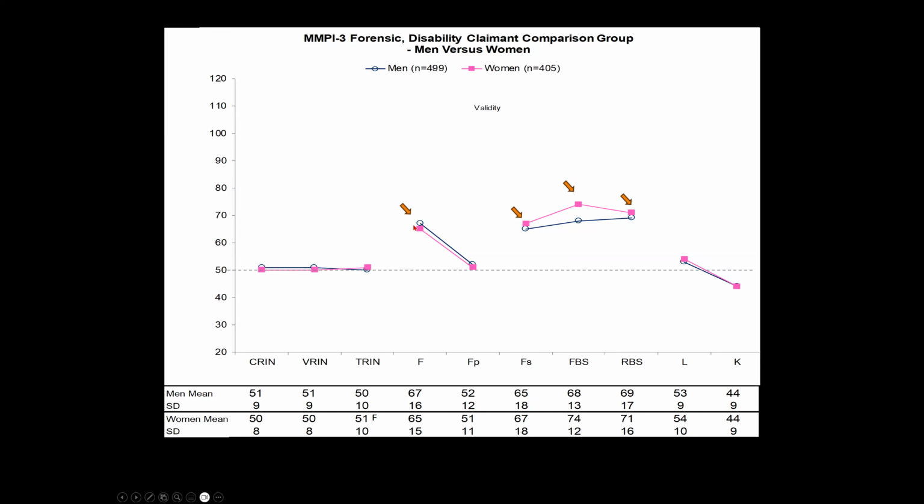Now, the other thing to be mindful of here with our disability claimants is that, of course, a fairly sizable proportion of these individuals wind up being found to have significant psychological problems.